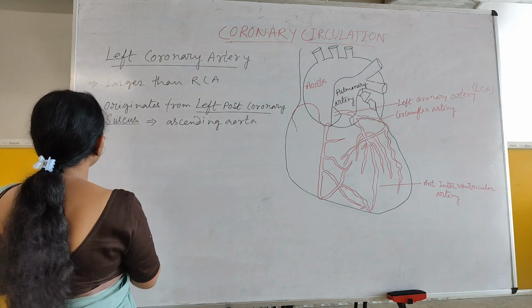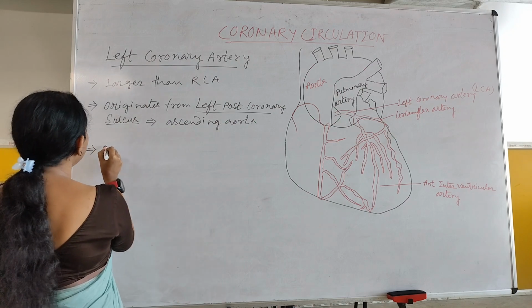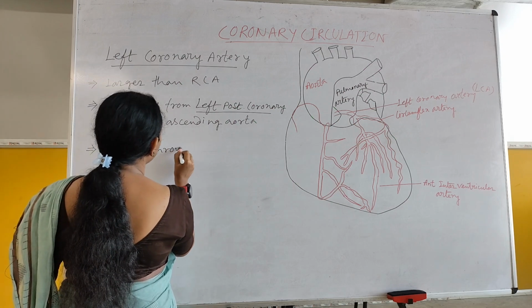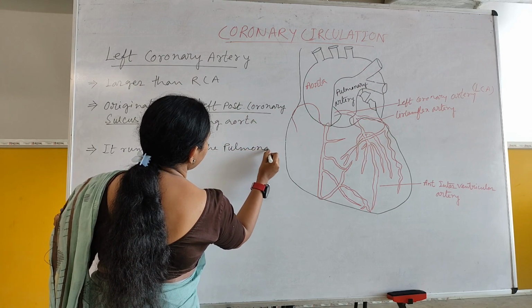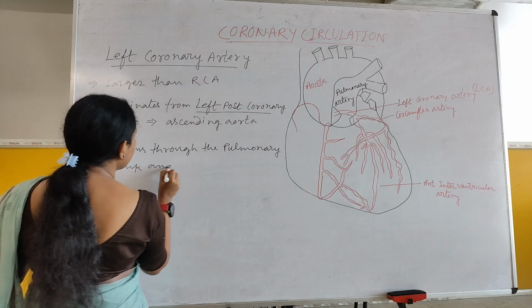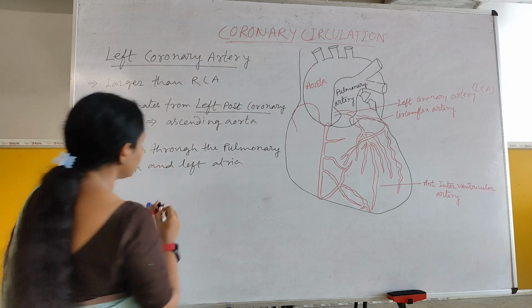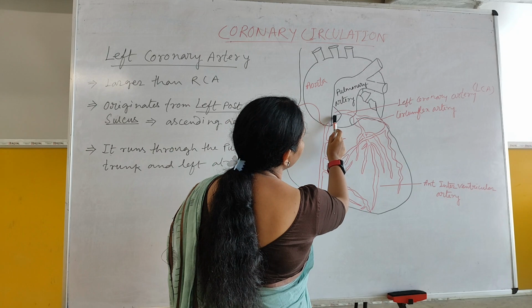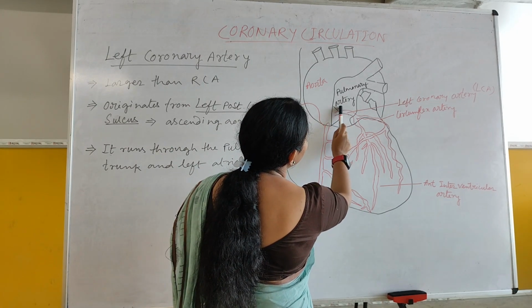Next, it runs through the pulmonary trunk and left atria, which is also visible. This left coronary artery arises from the ascending aorta and then it moves through the pulmonary trunk.